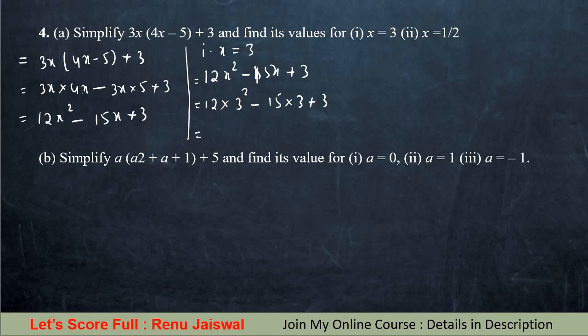Now here don't get confused that people multiply 12 into 3 and then do square. No. According to BODMAS, you read this as P B O D M A S, means before bracket you need to solve for power. So 12 into 3 square is 9. Then 15 into 3 and then plus 3.